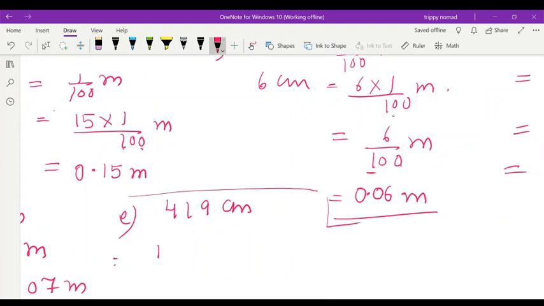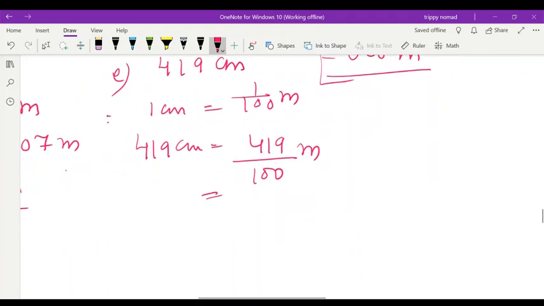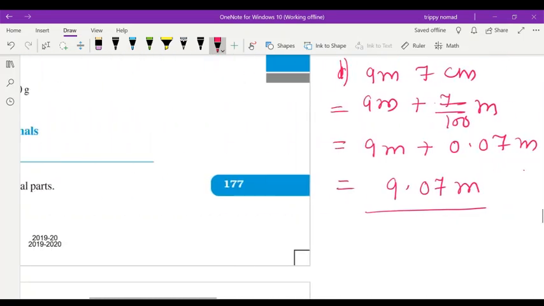First, 1 centimeter is equal to 1 upon 100 meter. Same way, 419 centimeter is equal to 419 upon 100, so it will become meter. For 1 there is a point, and 2 zeros mean 2 digits, so the point will come here. So this will be your answer: 4.19 meter. I hope you understood, children.